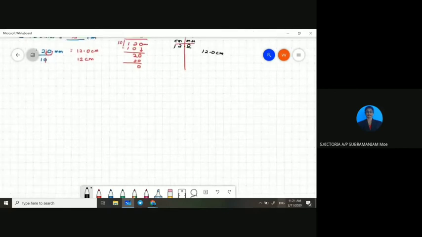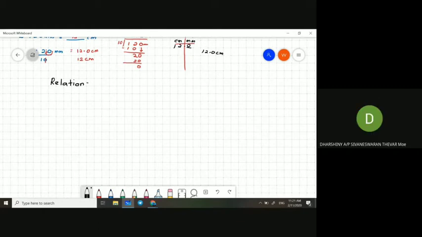Okay. Now we are going to use the relationship between kilometer and meter. Just now you already did which method?